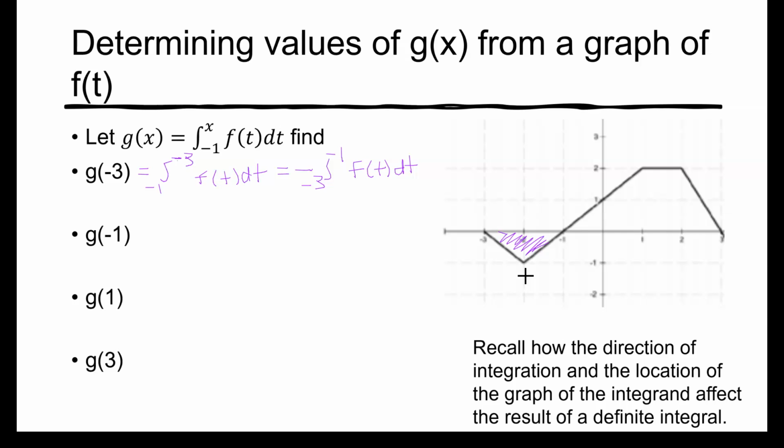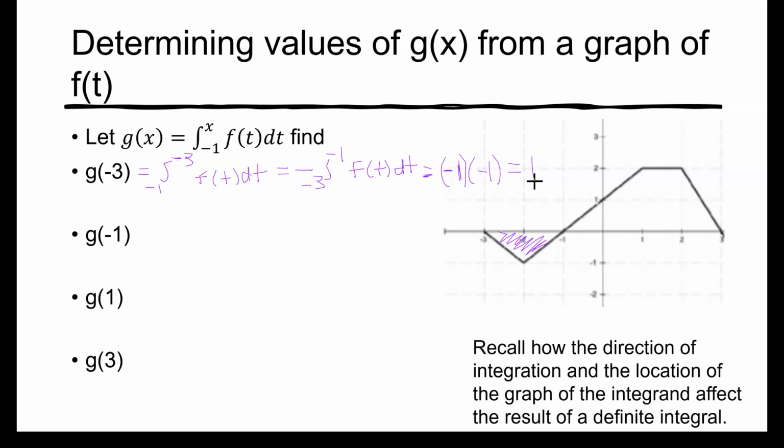So the area of that triangle is 1. And then because it's all below, that negative out in front would equal -1 times -1, which would make the answer 1.